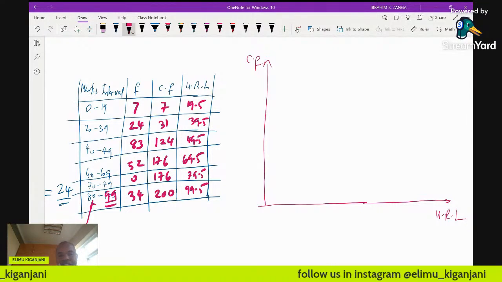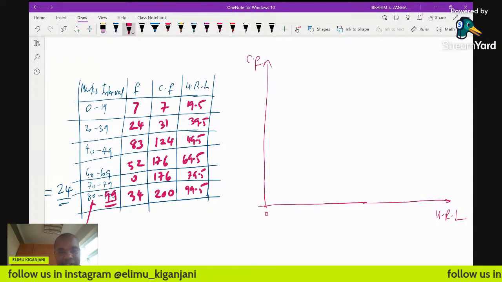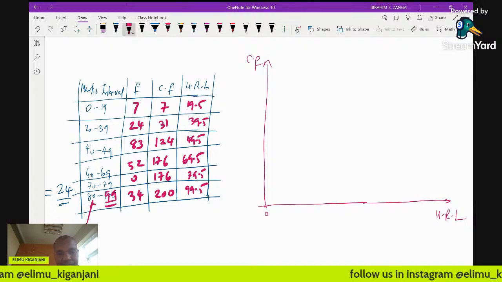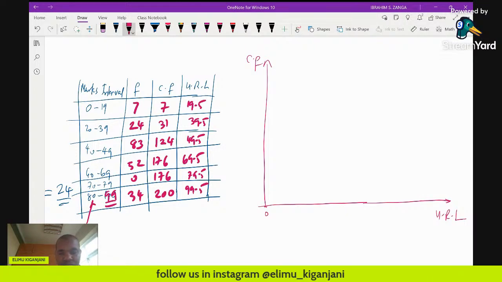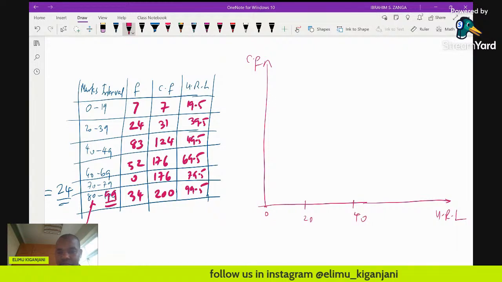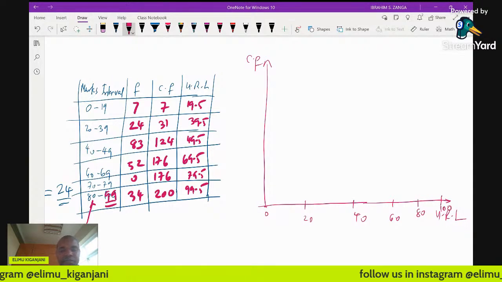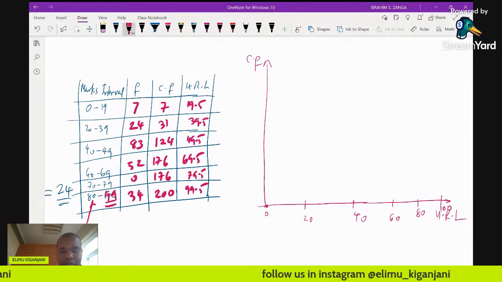So you can see the interval of max is starting with 0. The difference is 20, so I can just say 20 here, then 40, 60, 80, 100.